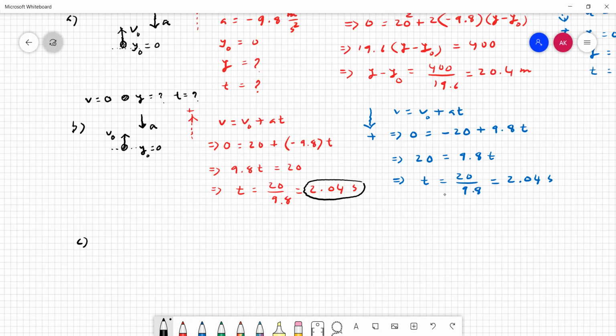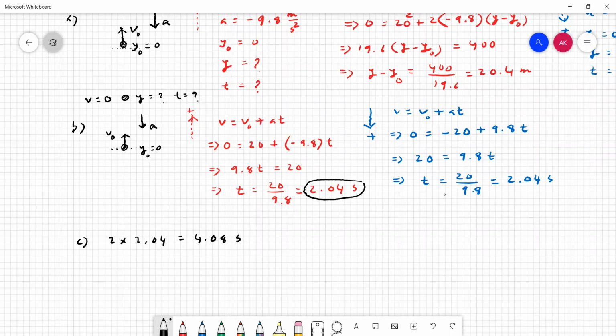So to find the entire time starting from the ground and coming back to the ground, all we need to do is multiply 2.04 by 2. So you're going to get 4.08 seconds. The reason we can multiply is because going up to the highest point, that displacement, and coming from the highest point to the ground, that displacement are the same, and the accelerations are the same.